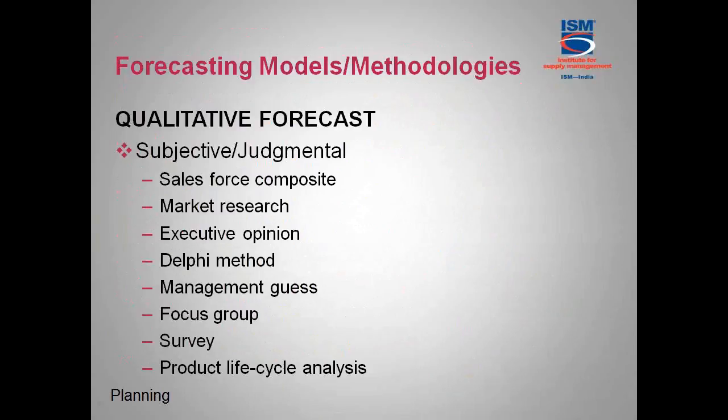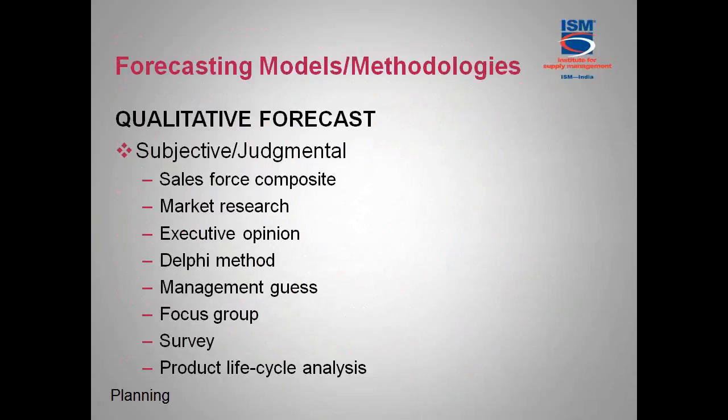They give their feedback, and we go through the feedback, with the ultimate goal of making an attempt where they all come to a common point. Then the focus group. For example, nowadays a lot of social groups are there. They are the focus group, so there we can find out what customers are saying about their requirements. A survey is possible, and product lifecycle analysis can be there.